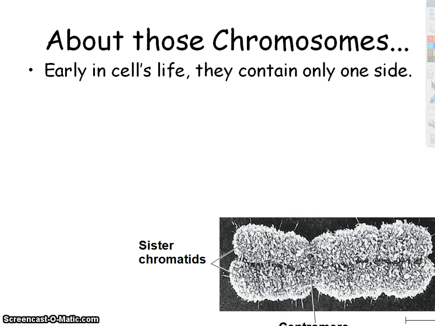So here's another thing about chromosomes. People make the assumption that if I was to say draw a chromosome, most people would draw an X and maybe put a little circle in the middle of it. But here's the thing. Early in a cell's life, it doesn't look like this. I mean, it's not coiled up either way, but if I was to coil up a chromosome, it would actually look like this.